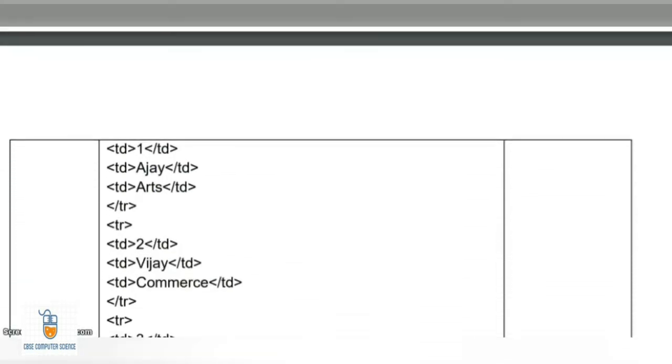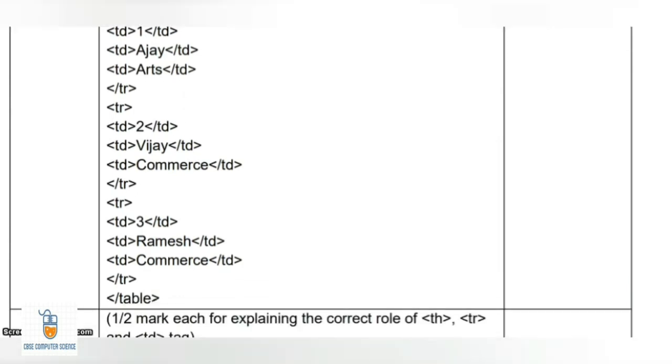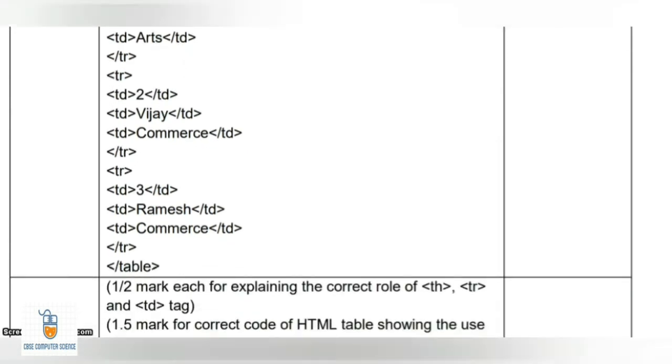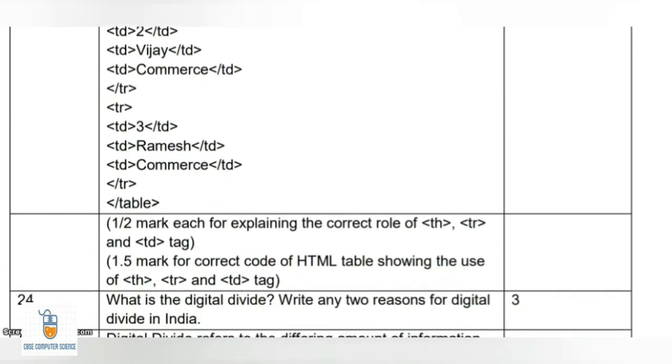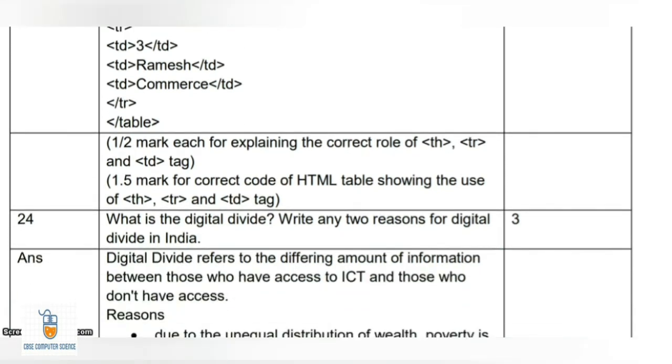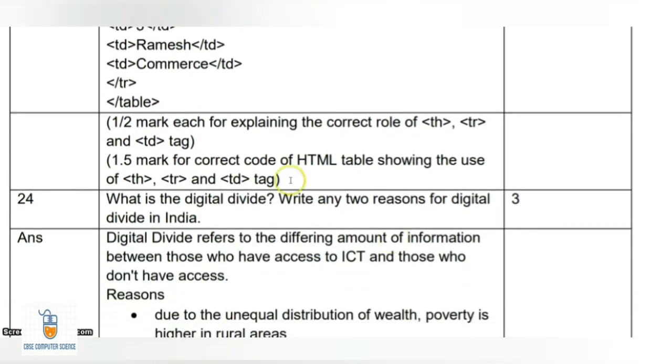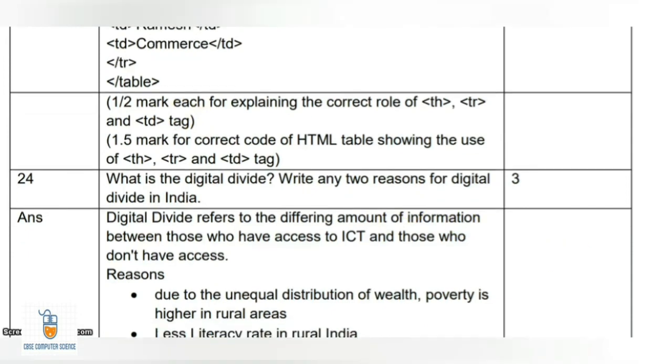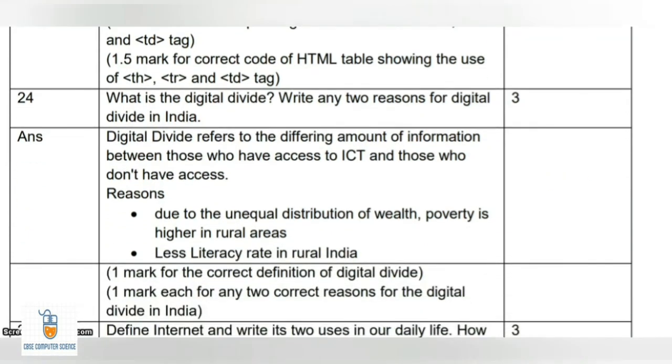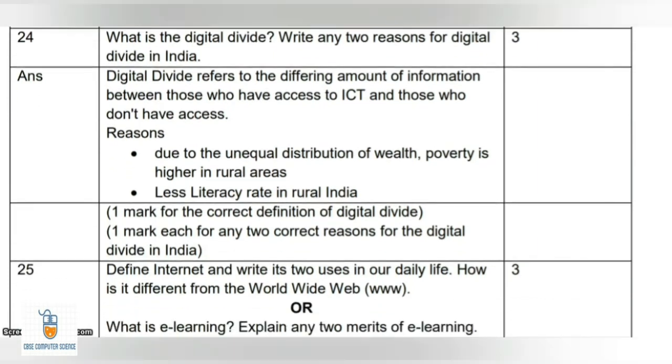They will have open as well as closing tag. Now question number 24. What is the digital divide? Write any two reasons for digital divide in India. Digital divide refers to differing amount of information between those who have access to ICT and those who don't have access. That is, some people are more exposed to technology, whereas some are not even getting the right to access technology.